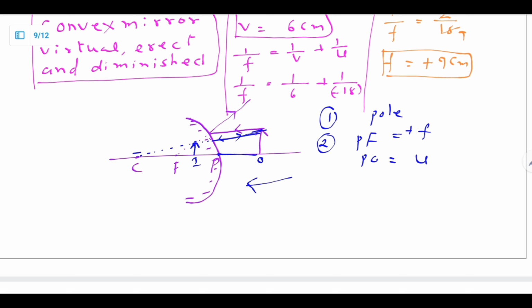I am moving against the incident ray, because this is the incident ray direction and this is the object measurement direction, so the object distance is negative here. The heights of images and objects above the principal axis are taken positive, and below the principal axis they are taken negative.